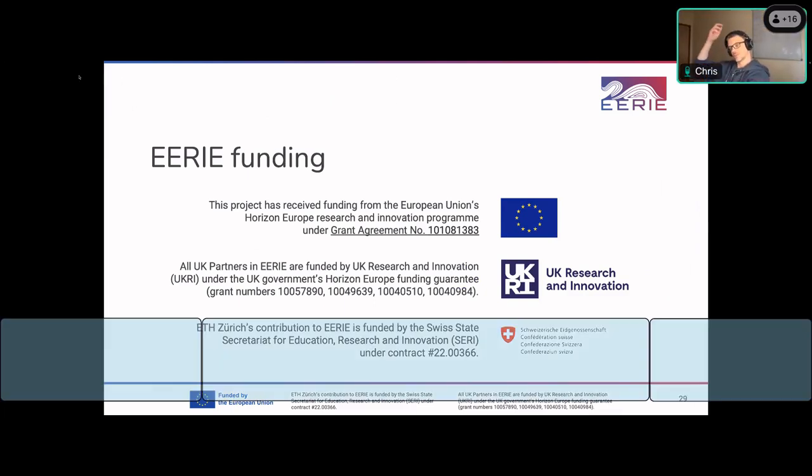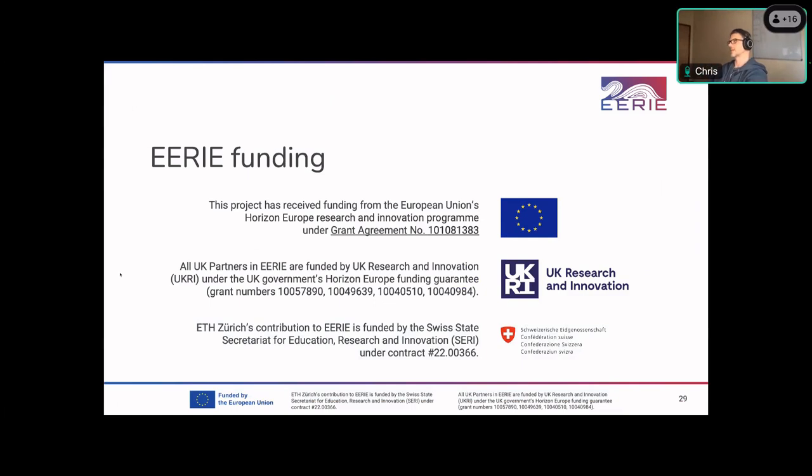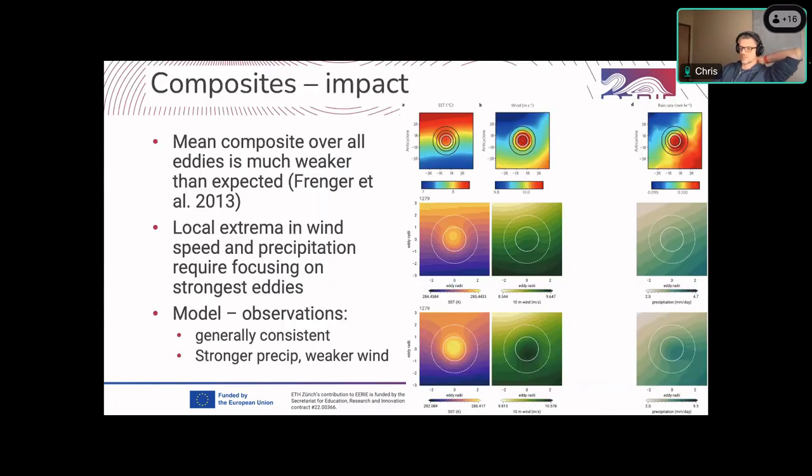I think one of the things we were hoping to get today was some insight or input from some of the members of Package 5. I don't think Nikki is here, but in particular, this previous work in the paper by Ivy Frenger and others, we spent quite a lot of time trying to reproduce or do a similar type of analysis to look at these precipitation responses.